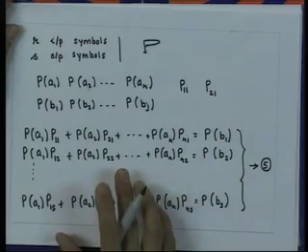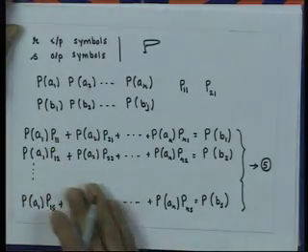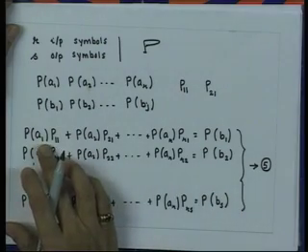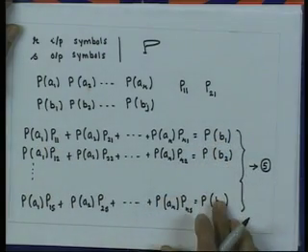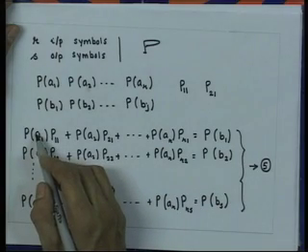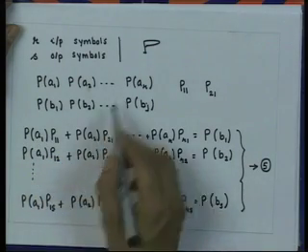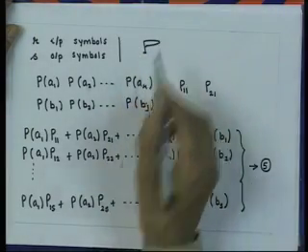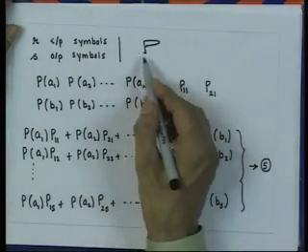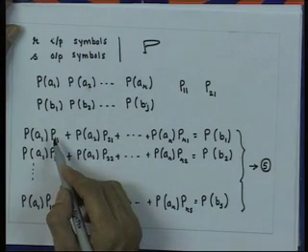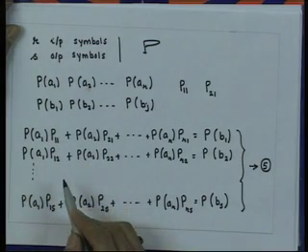So, these equations provide us with the expression for the probabilities of the various output symbols if we are given the input probabilities P(Ai) and the channel matrix capital P, that is the matrix of conditional probabilities, probabilities of Bj given Ai.